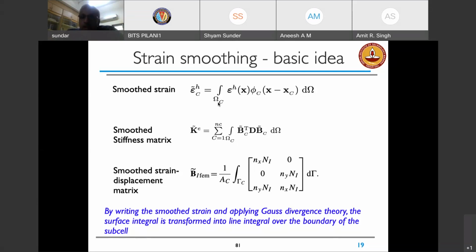Not only that, you also don't need to know the functional form of your shape function. All you need to know is what is the value at the center of the edge of an element, which is basically 0.5 if you are using a linear element.